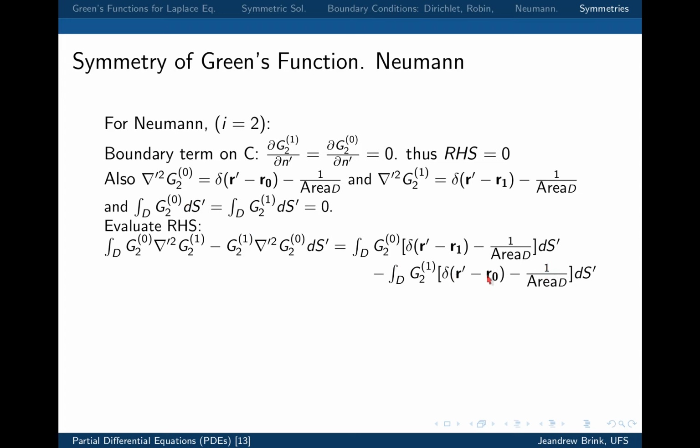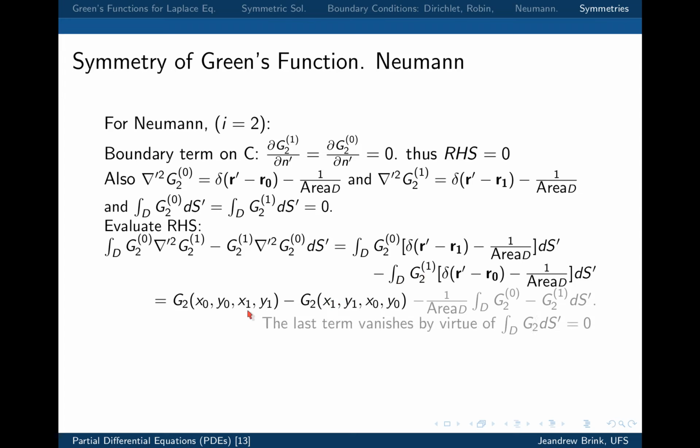And so we are once again left with these Green's functions evaluated at the one field point, multiplied with a delta function that spikes at the other field point. And you again get this expression. Okay, and that's equal to 0.